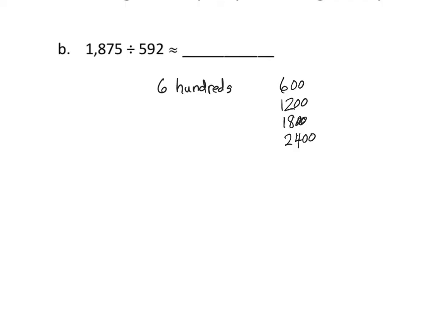So we'll write down 1800 divided by 600, and we know that that is equal to 3. And again, if it's helpful, you can write down 1800, or 18 hundreds, divided by 6 hundreds, and that's equal to 3. And this is our 1-digit fact.